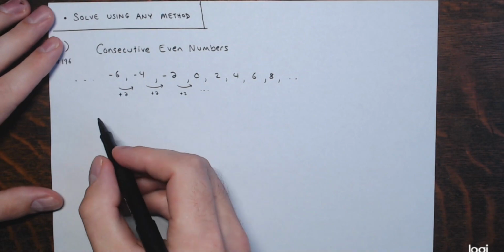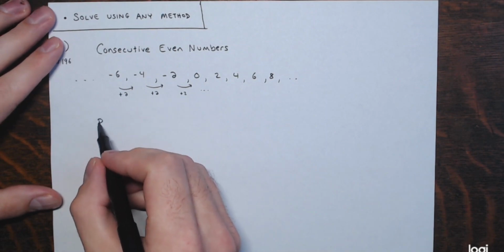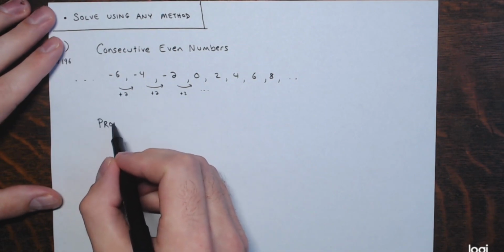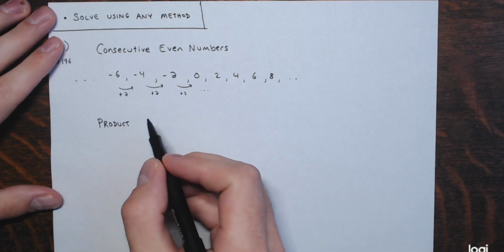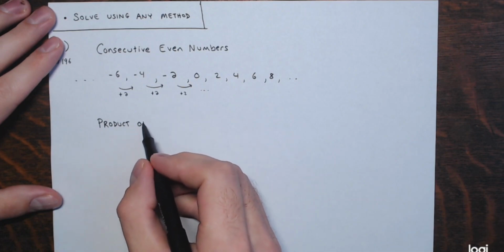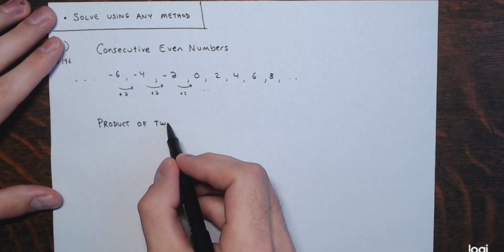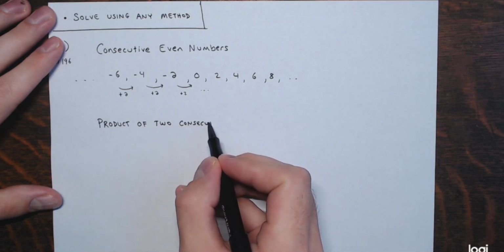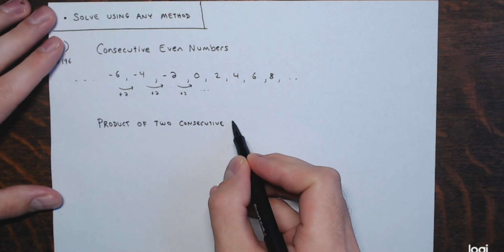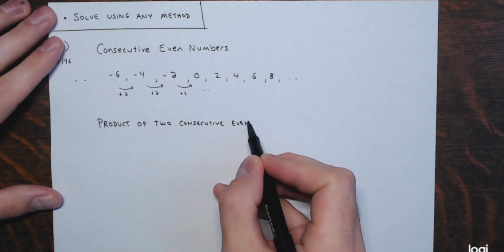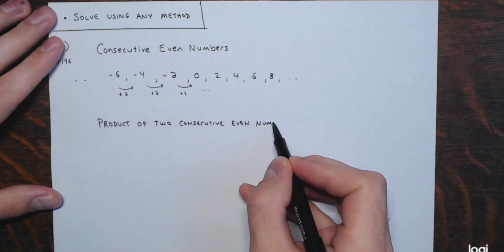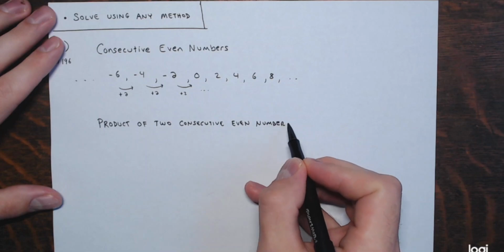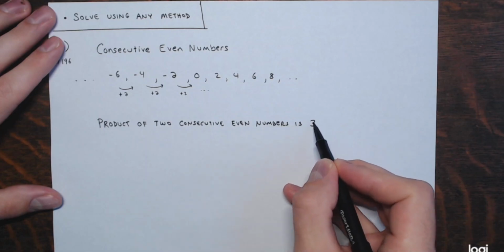All right, now they say that the product of two consecutive even integers, or even numbers, is 360, right?